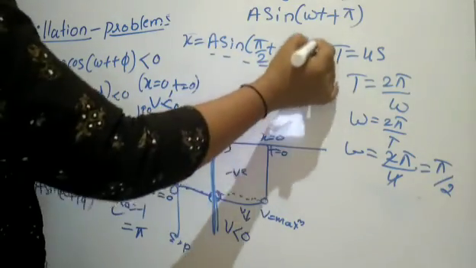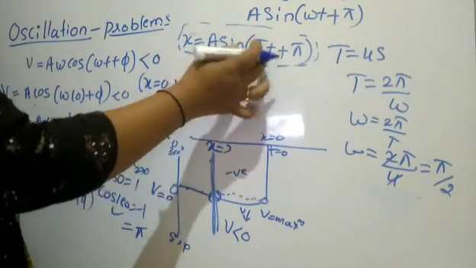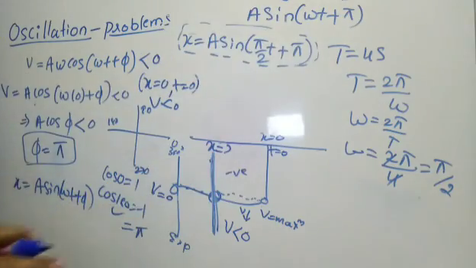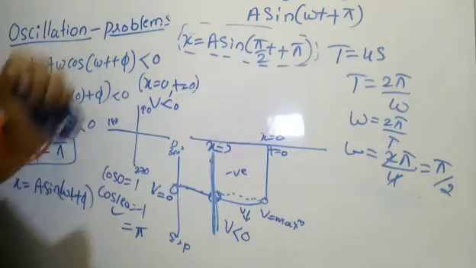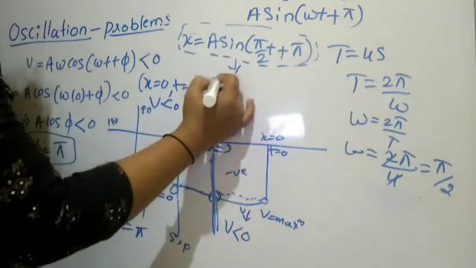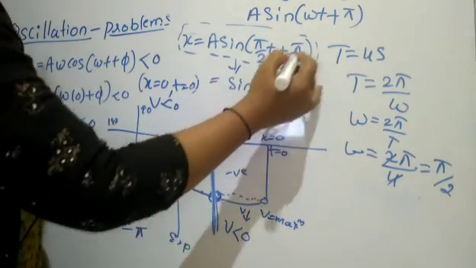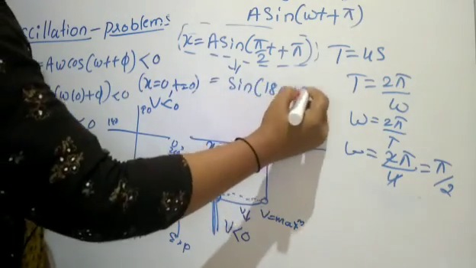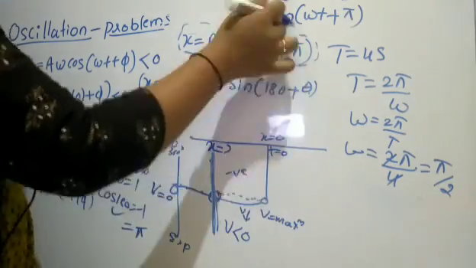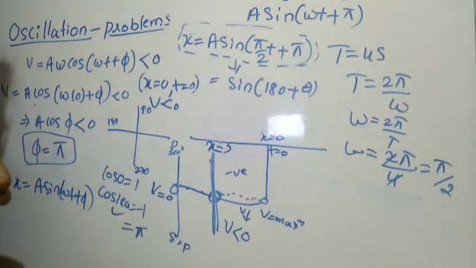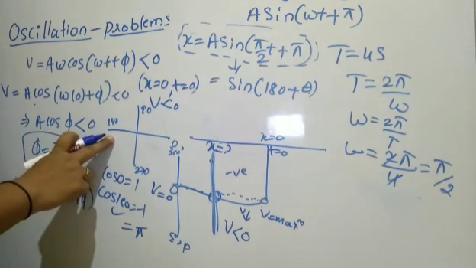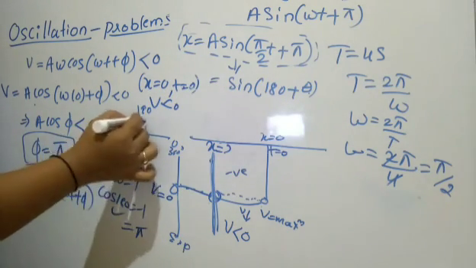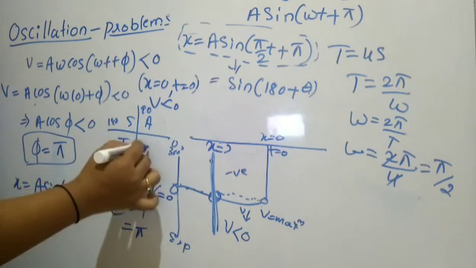Look at this function: it looks like sin(180 plus theta). In the same way, 180 plus theta means the third quadrant, where only tan is positive.